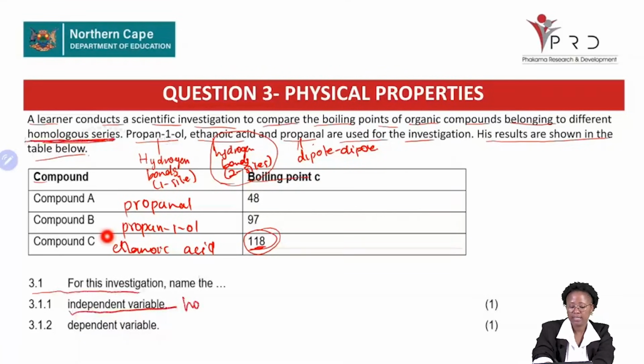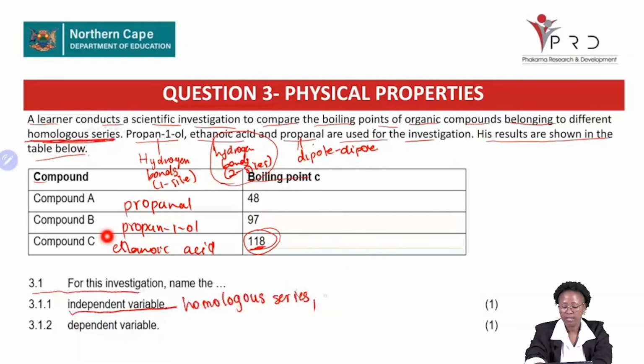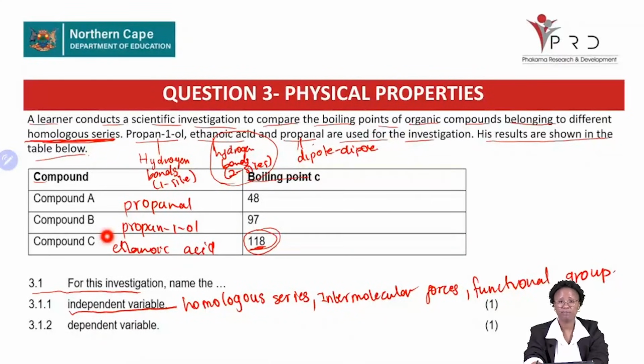So you can say either homologous series, or intermolecular forces, or you can say a functional group. Any of those could be the independent variable, even though the hydrogen bonds are the same for propan-1-ol and ethanoic acid. The difference is that the one has one side, the other has two sides.